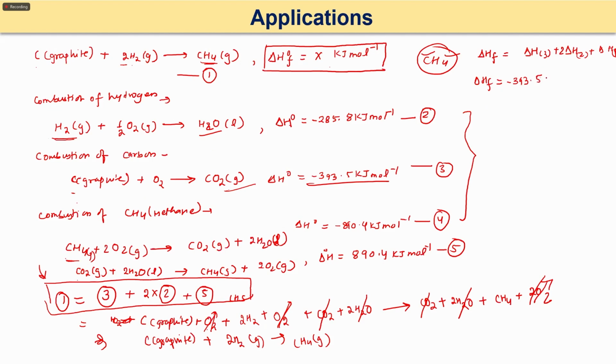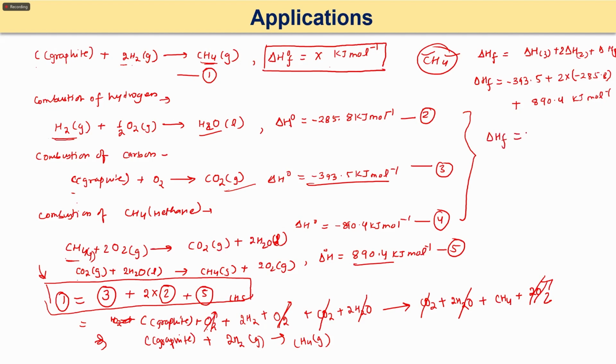Okay, and plus 2 into enthalpy of combustion of equation 2 is minus 285.8. Next, we have enthalpy of combustion of equation 5, which is 890.4 kilojoule per mole.